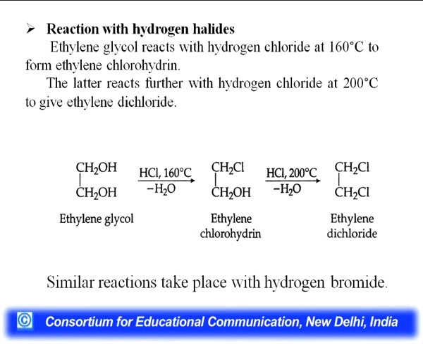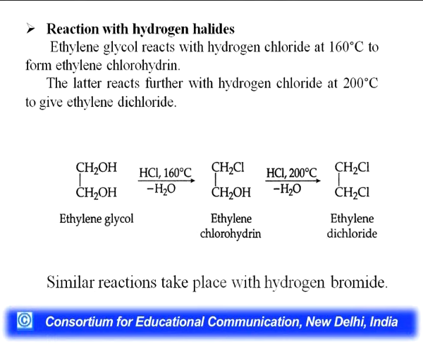And then it reacts further with hydrogen chloride at 200 degrees Celsius. Again, you can notice the temperature is high for the second hydroxyl group, and this gives you ethylene dichloride at 200 degrees Celsius. And similar reactions take place with hydrogen bromide.